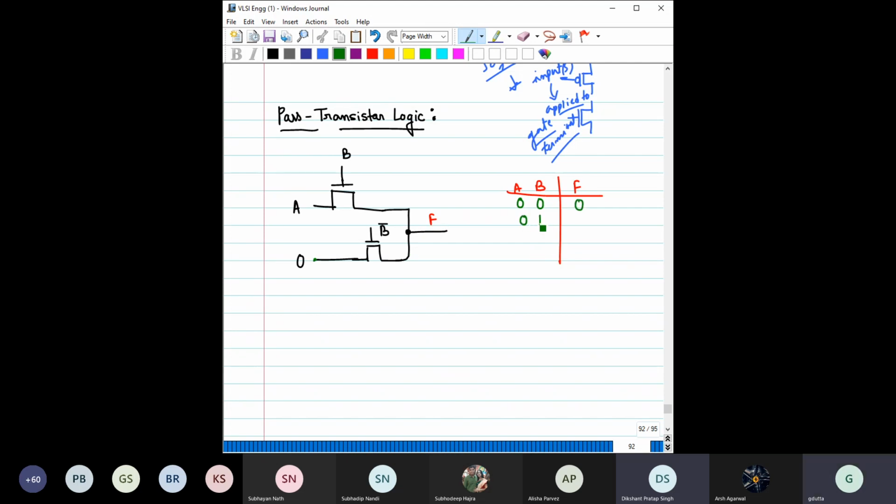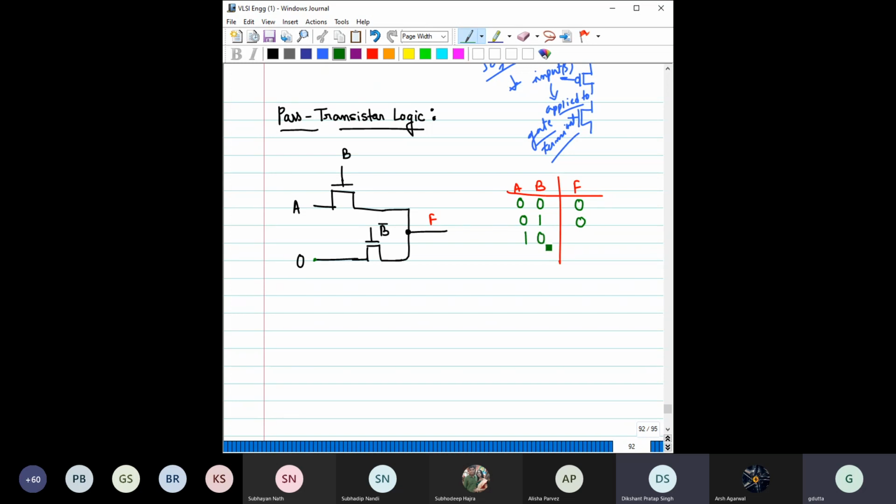Now let us say A is 0, B is 1. Here we have applied 1 to B, which makes this one off. This is B bar, and that makes this one on. When this transistor is on, the output is shorted with A, and the value of A is 0, so the output would be 0.